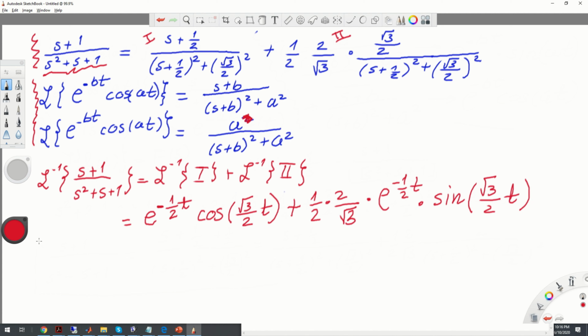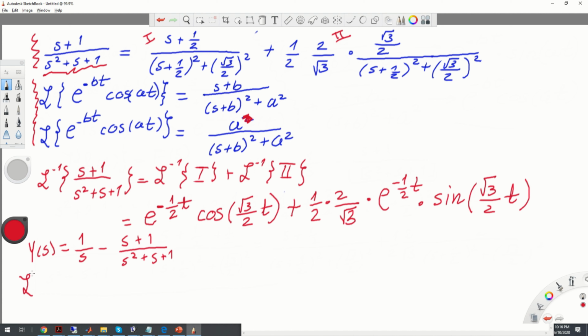Now if you recall our original expression, Y of s is equal to 1 over s minus (s plus 1) over (s squared plus s plus 1).